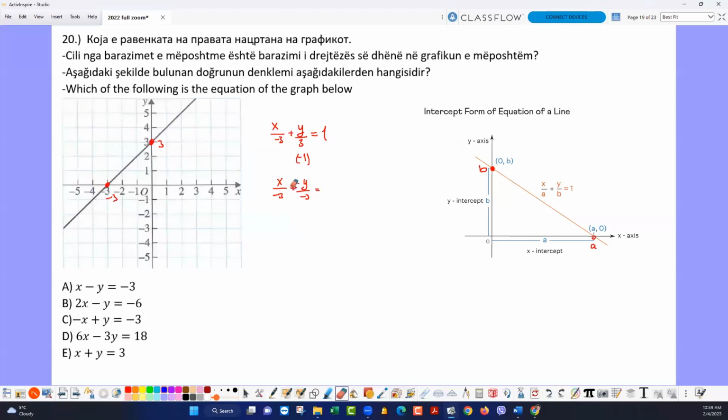So x minus y, divided by -3, is equal to 1. You send -3 to the other side: x minus y is equal to 1 times -3. The answer is x minus y is equal to -3.